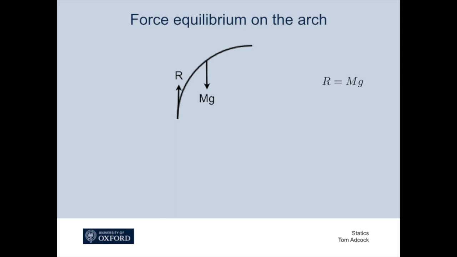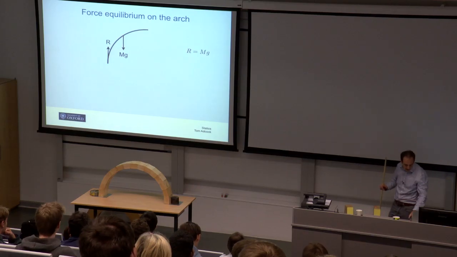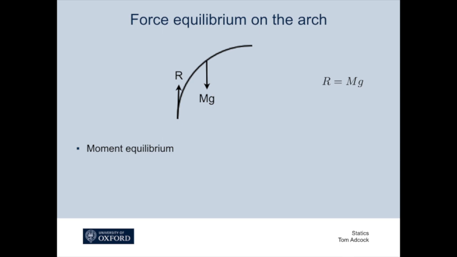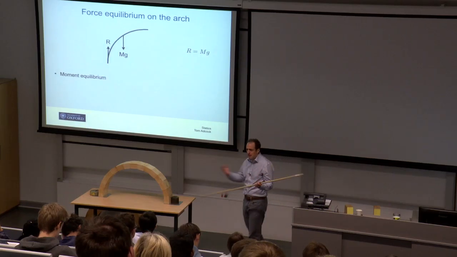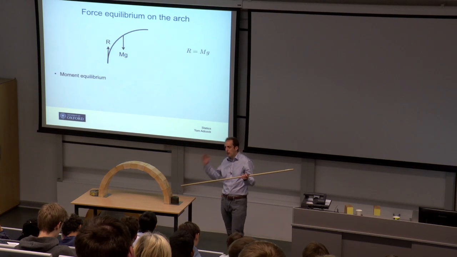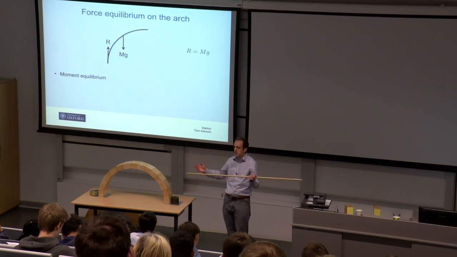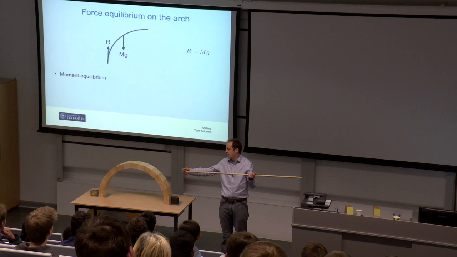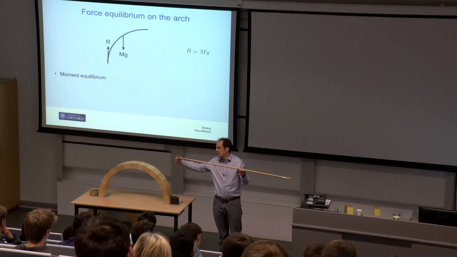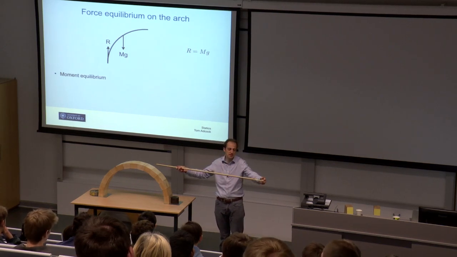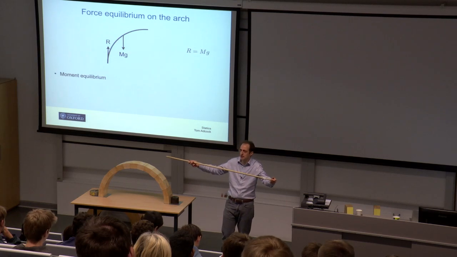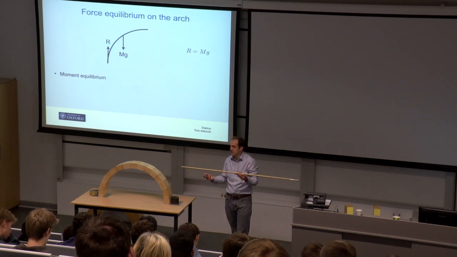Now, the next equation is a bit more complicated, and most of you will be familiar with this, but some of you might not. The idea of in-line vertical equilibrium like we just did is fairly straightforward. If I want this to remain steady and I push that end, I have to apply the same force in the opposite direction. And then it's going to be balanced.